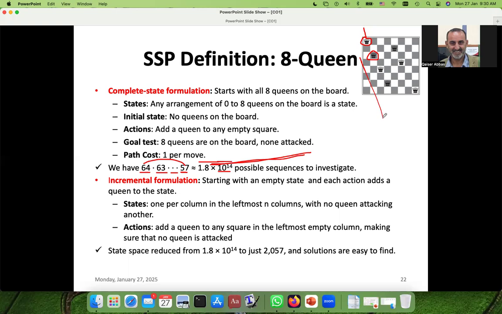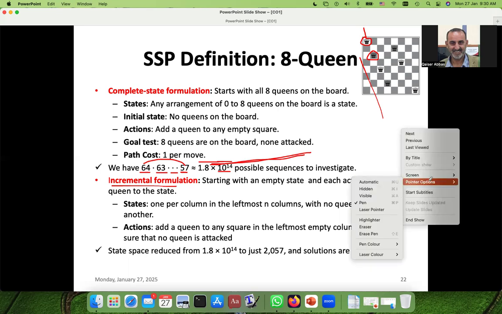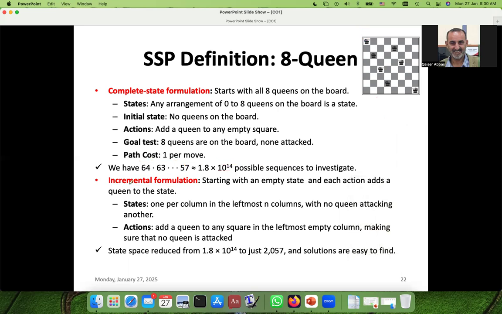Then you can find the solution for that. Now, the other approach, which is called incremental formulation, is a different approach. And in this approach, what you have to do? Initially the board would be empty.